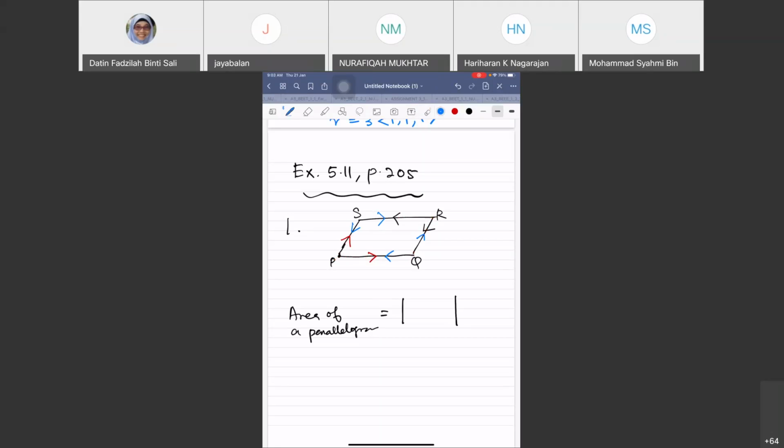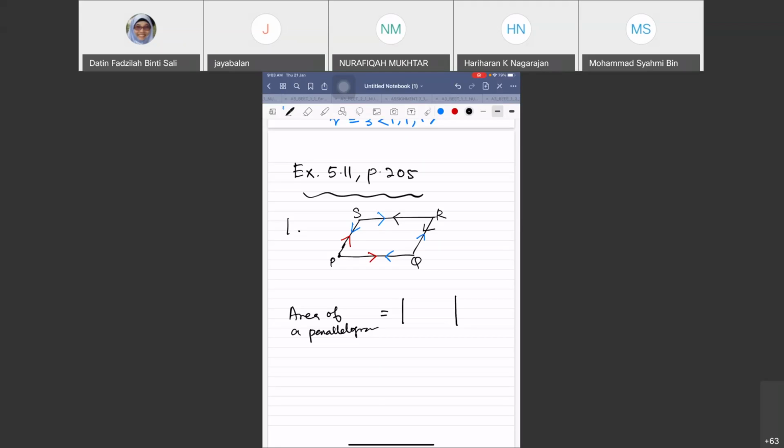Okay, all right. So can someone try this quickly, or everyone try this quickly, and then give me the answer. What's the area of this parallelogram? You got 28. You got ready? Okay, what do you get? 28.